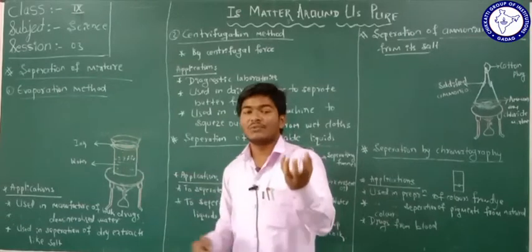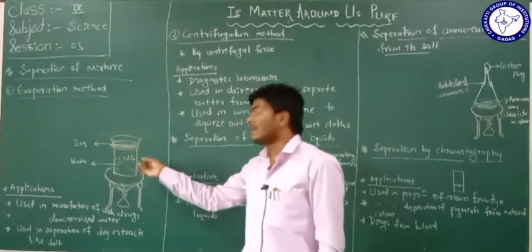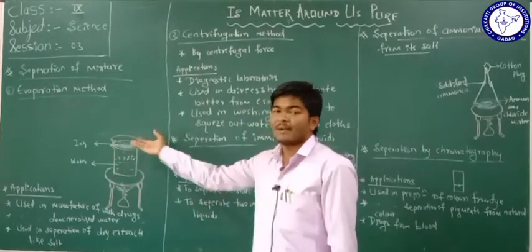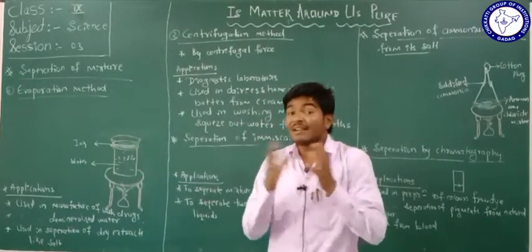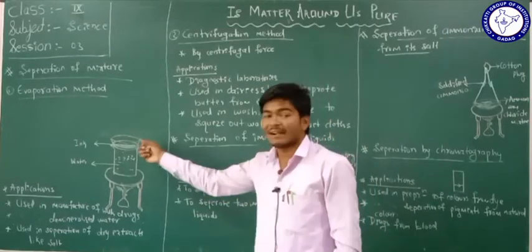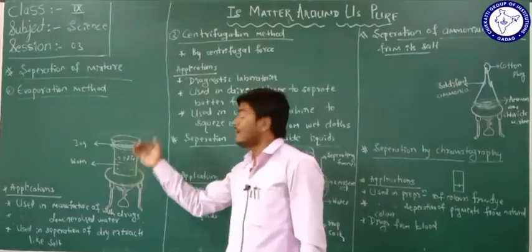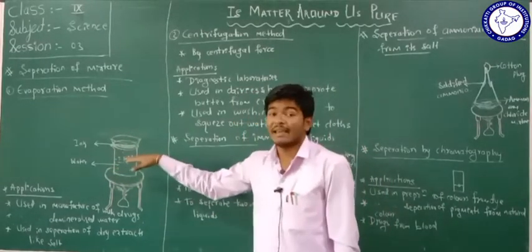Why? Because if we heat the ink directly, the amount of heat is very high, the ink will be destroyed and completely evaporated, and we won't get the ink dye clearly. So we provide a very small amount of heat with the help of steam.